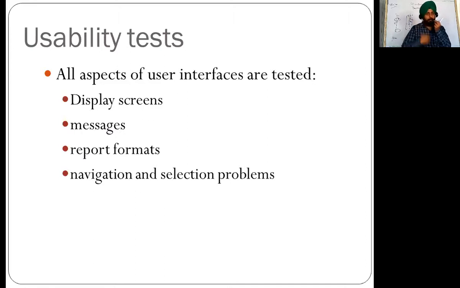All the things related to the user interface are tested: all pop-up windows, dialog boxes, cascading windows, whether menus drop down, and whether a pop-up menu is being activated or not. That type of testing is known as usability testing. It is basically user interface testing.